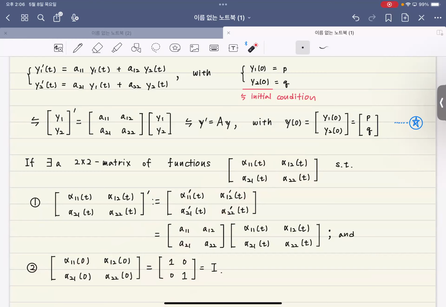Suppose that this matrix satisfies these conditions.